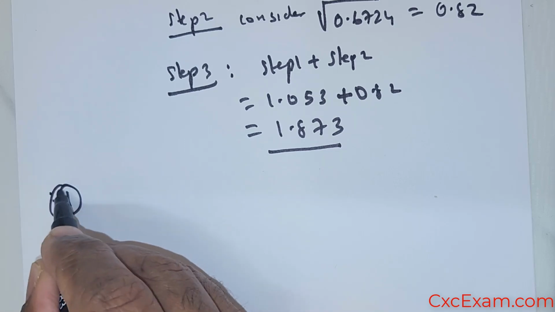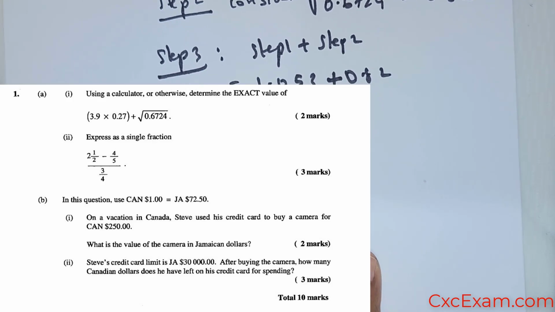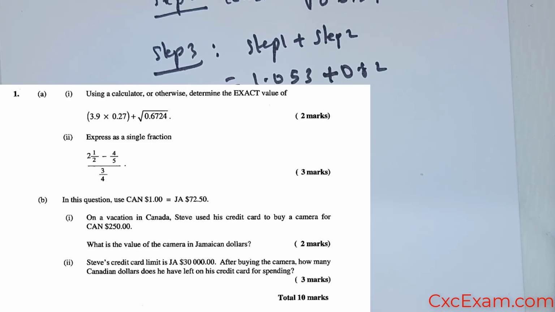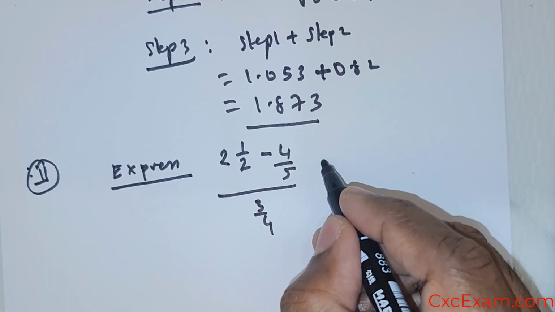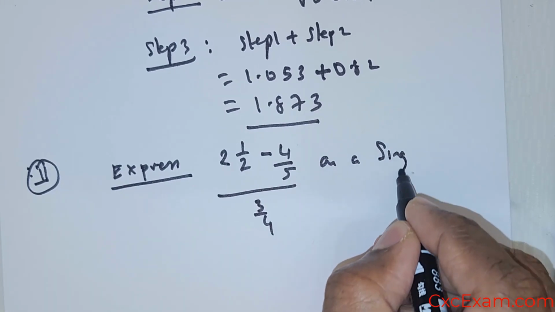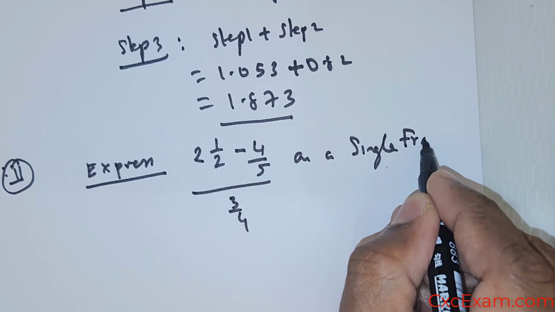So this is section 2. In this question we are asked to express 1 over 2 negative 4 over 5 divided by 3 over 4 as a single fraction.